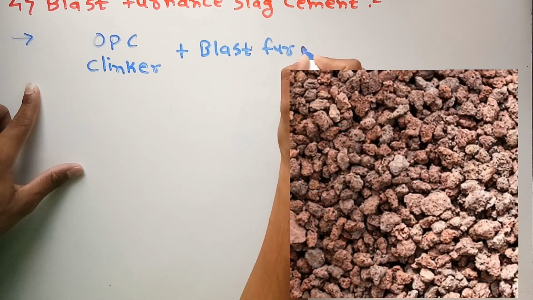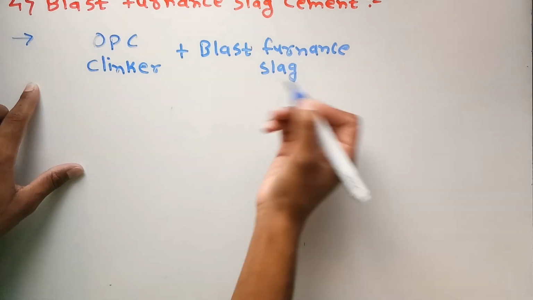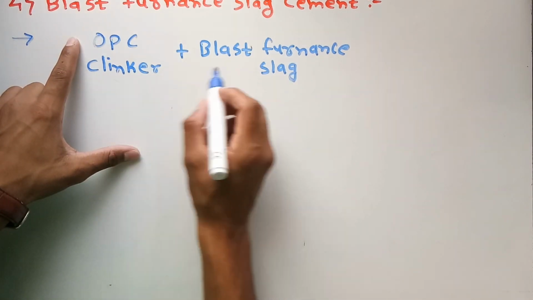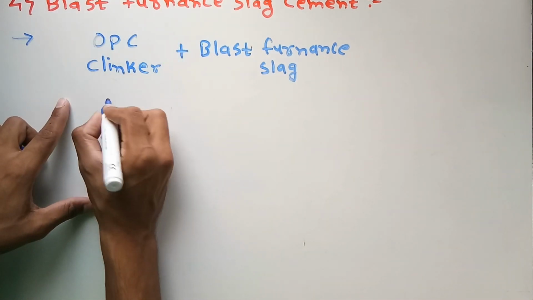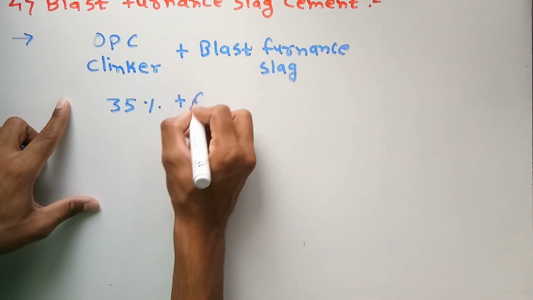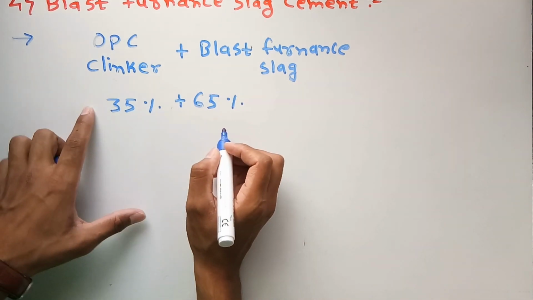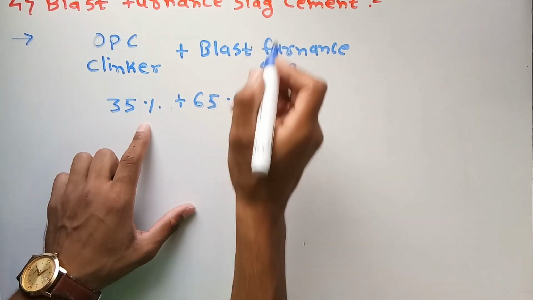What is the percentage that we keep to manufacture the cement? OPC around 35% and the remaining 65% is blast furnace slag. This is the basic proportion we keep to manufacture the blast furnace slag cement.